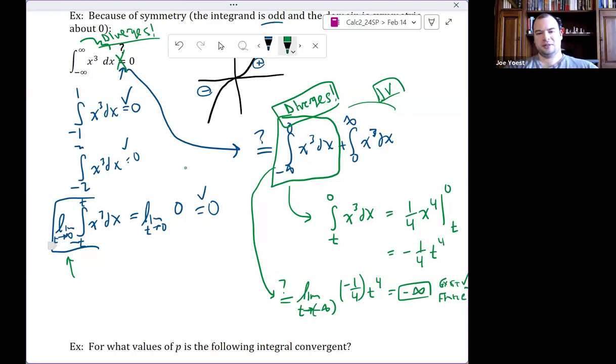In particular, why did I choose negative t to t? What if I had chosen negative t squared to the square root of t? As t goes to infinity, these both go to infinity as well, but I might get a different result, right?